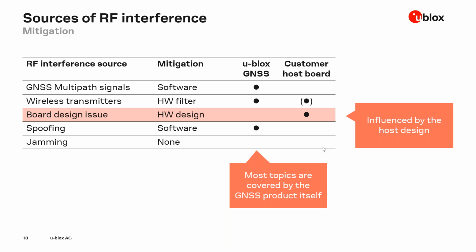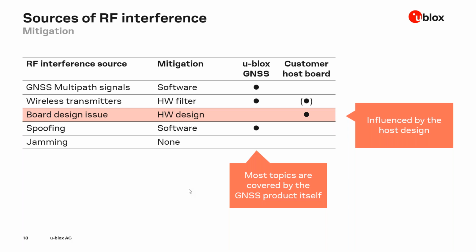And this is part, let's say, of the GNSS RF path. Then there is the board design issue. There it's also a matter of the hardware design we discussed already. And this is something you could do something about, because it's influenced by your design if you design the application board.